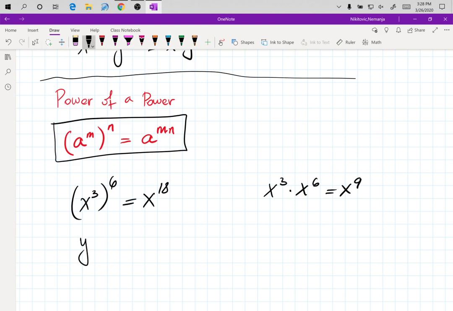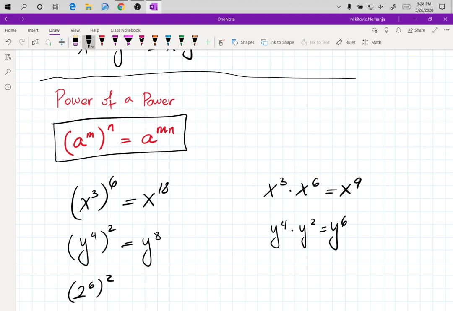Say you have y to the 4th, squared. That's going to be y to the 4 times 2, which is 8. Not to be confused with y to the 4 times y squared, which is y to the 6. So they are different rules. Different rules. So how much is 2 to the 6th squared?